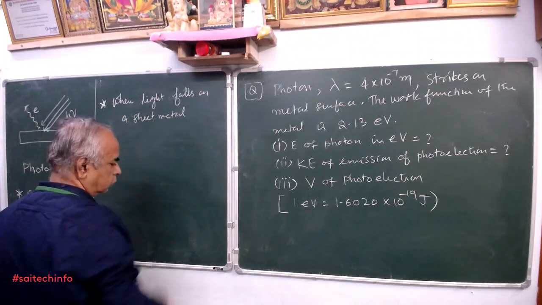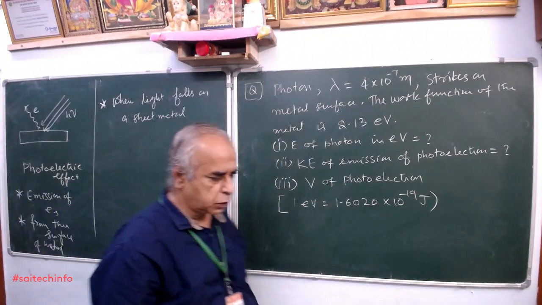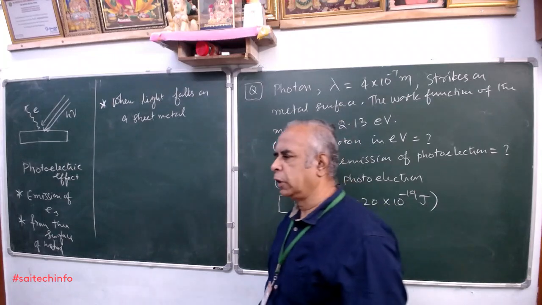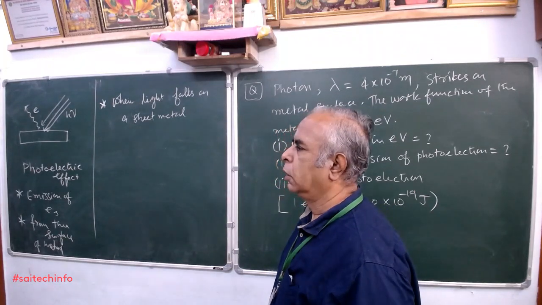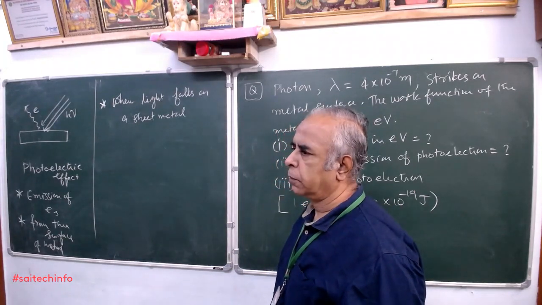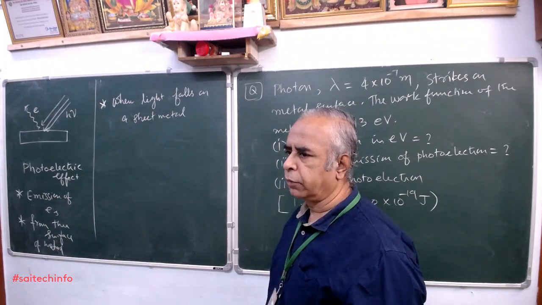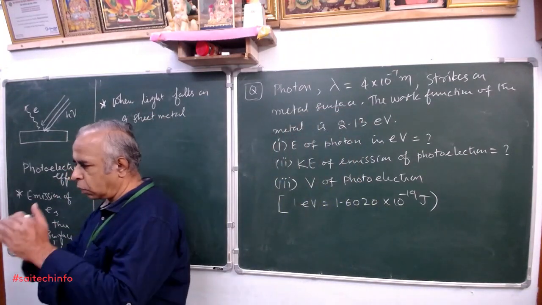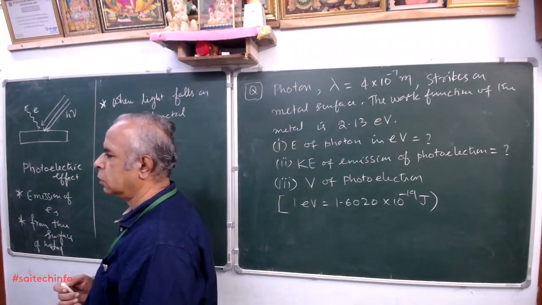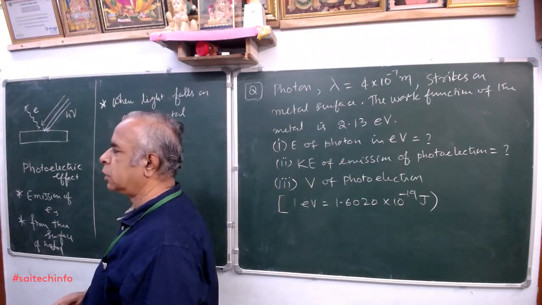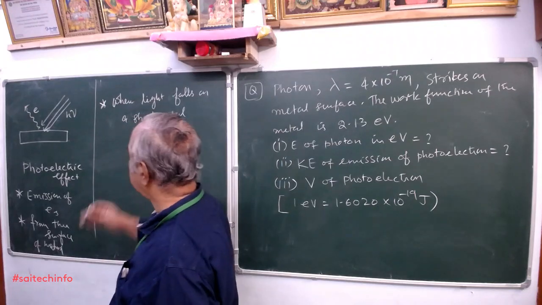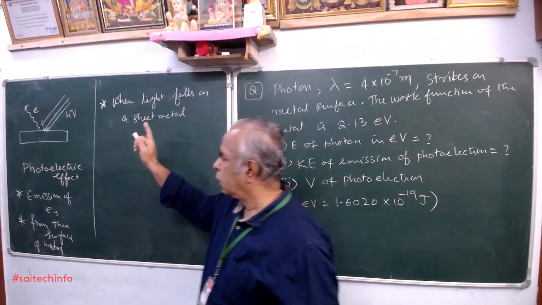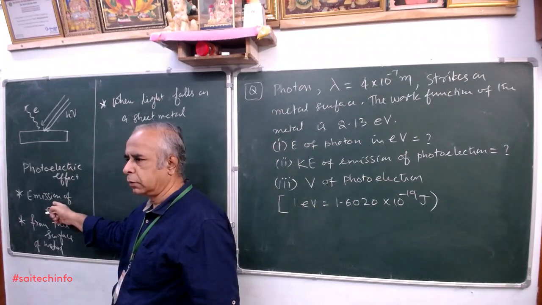Always, when you want to understand the phenomenon of any such feature, for example the photoelectric effect, you can break it down into small sentences so that you will be able to understand very clearly. So what are the things occurring here during the photoelectric effect? The emission of electrons takes place.